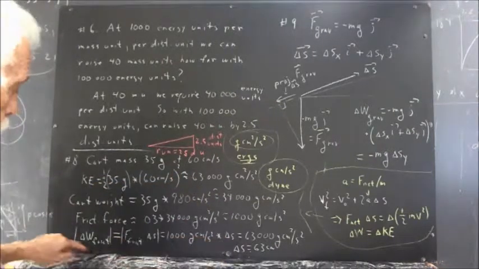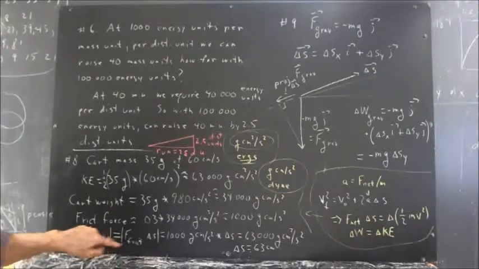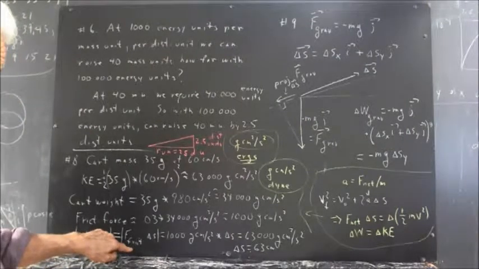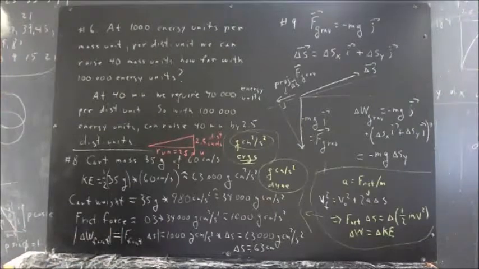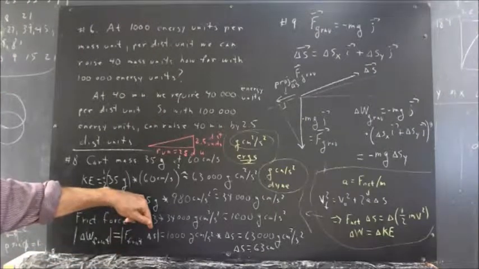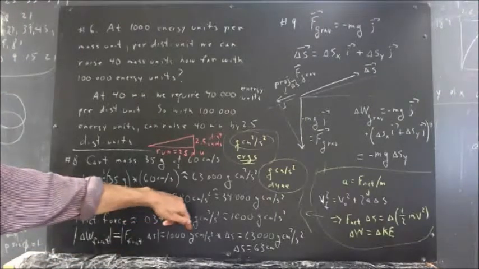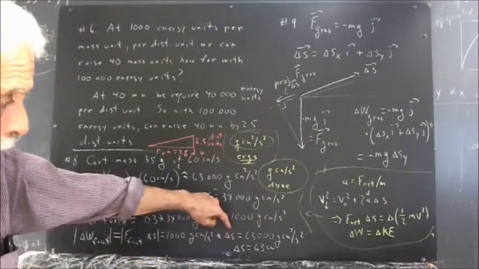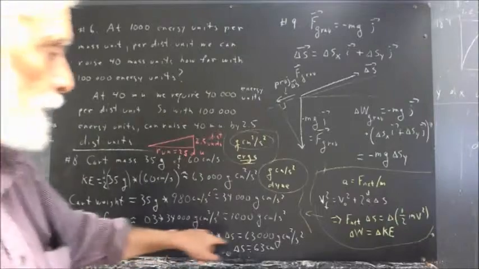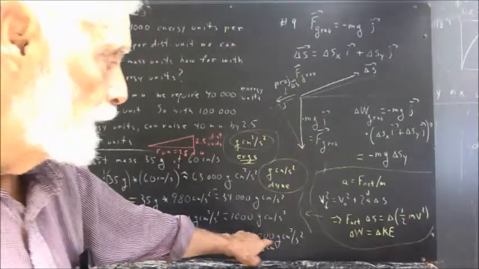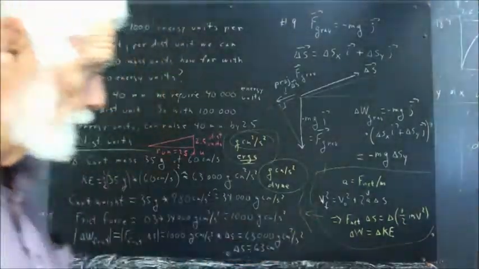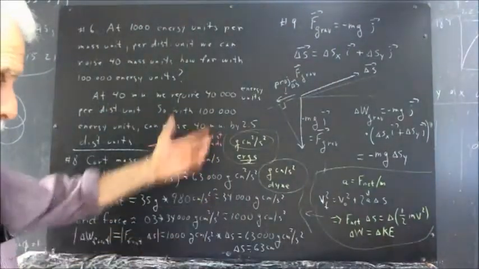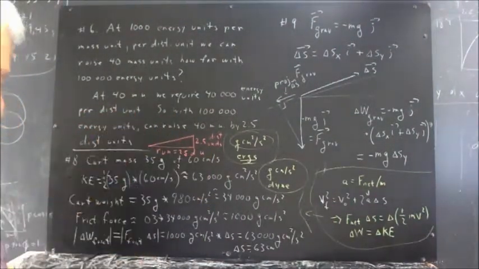So the magnitude of the work done by the frictional force is the magnitude of the frictional force times your displacement. And that's going to be 1,000 gram centimeters per second squared, which is the frictional force, multiplied by your displacement. And that's going to be your 63,000 gram centimeters squared per second squared, or 63,000 ergs of kinetic energy.